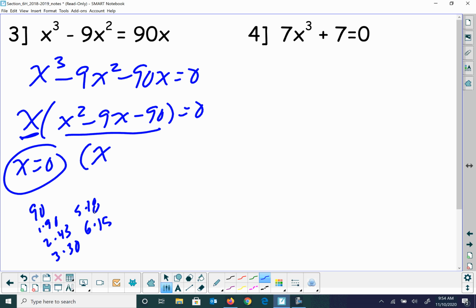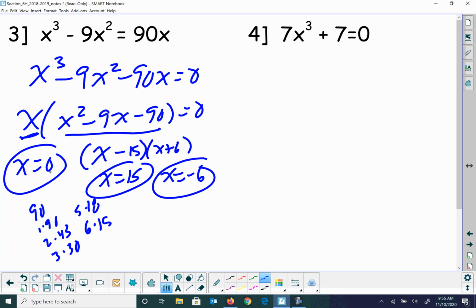That works. So x minus 15 and x plus 6. Set those both equal to 0, so I get 15, and I also get negative 6. So I have 3 solutions to this problem because it was raised to the 3rd power.